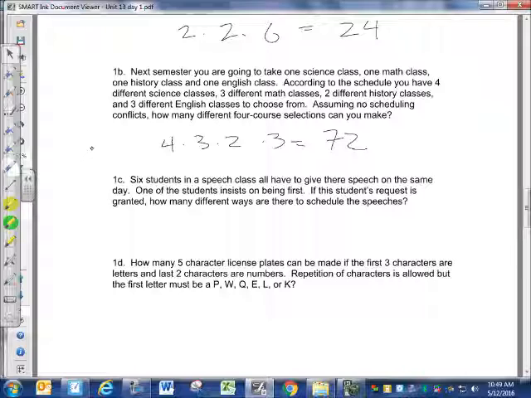Now for 1C, you're not going to have the same student speak multiple times. Okay? Well, that means the same student could speak multiple times.